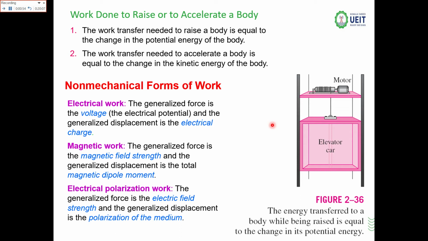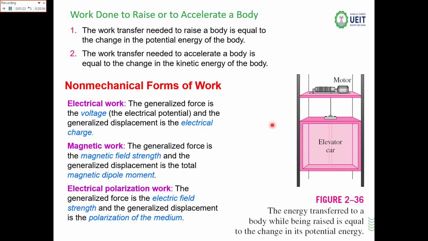Now the non-mechanical forms of work. Other forms of work are electrical work. The generalized force is the voltage, and the generalized displacement in this case is the electric charge Q, as work is equal to force multiplied by distance. When the work is in electrical form, it will be voltage and the charge Q. Now the magnetic work.